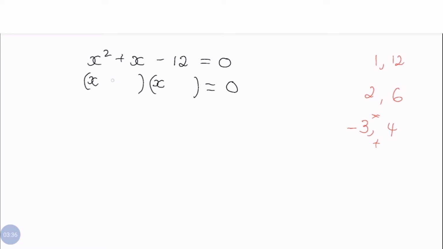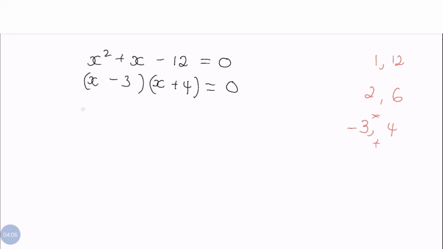So the next thing we'll do is take the negative 3 as it is and take the positive 4 as it is and put it there. So now we have x minus 3 multiplied by x plus 4. So now we have factorized.